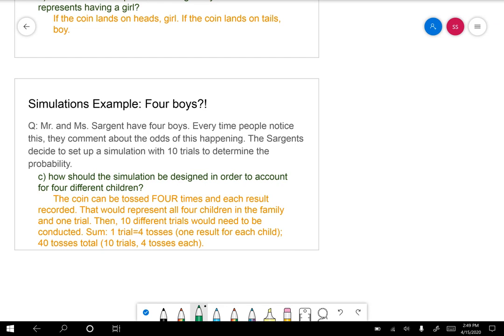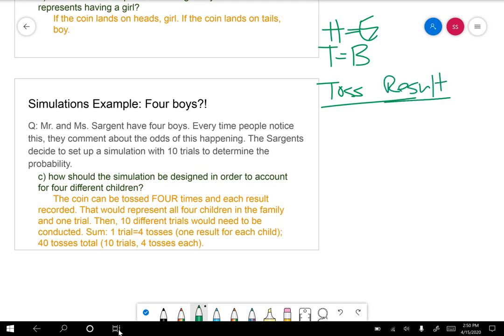If we're tossing a coin, you know that heads is girls. I'm just going to rewrite that. Tails is boys. If we toss a coin 4 times, I'm actually going to write this out: toss number and result. So we're going to toss a coin 4 times.